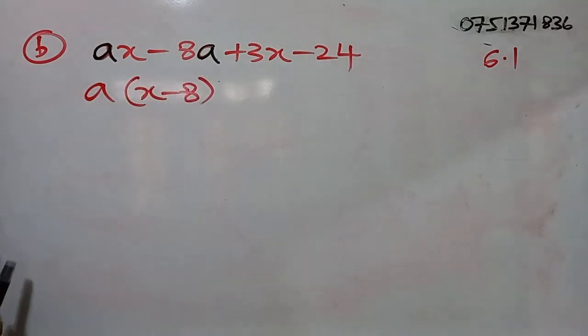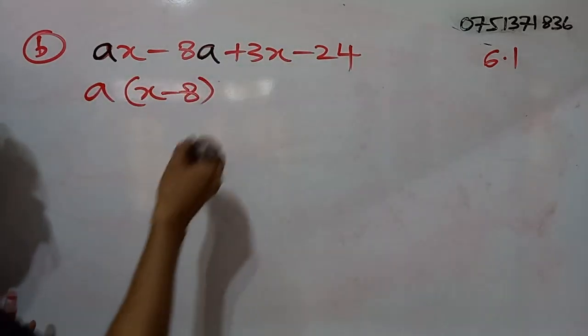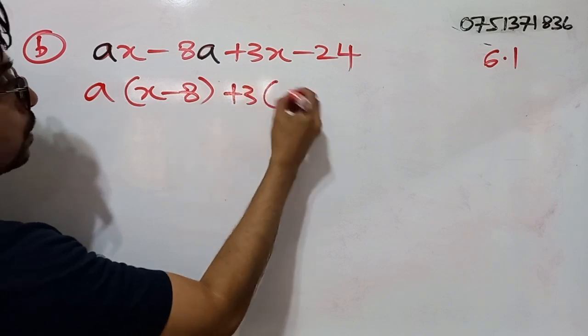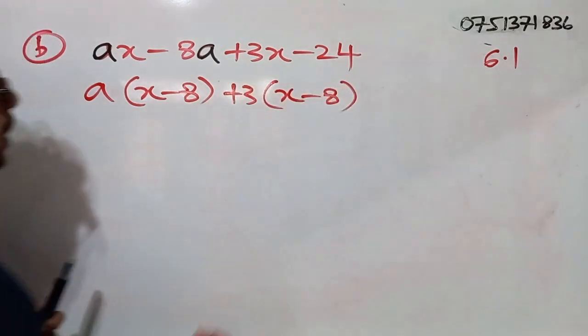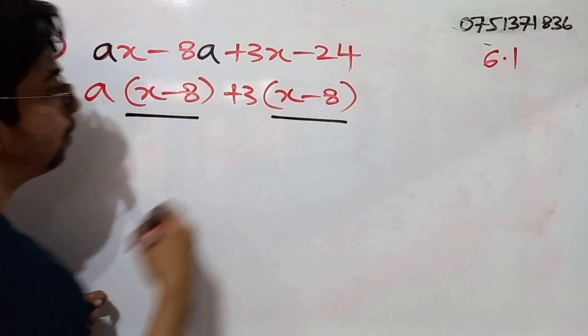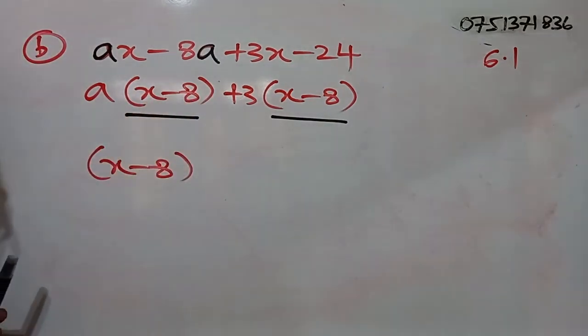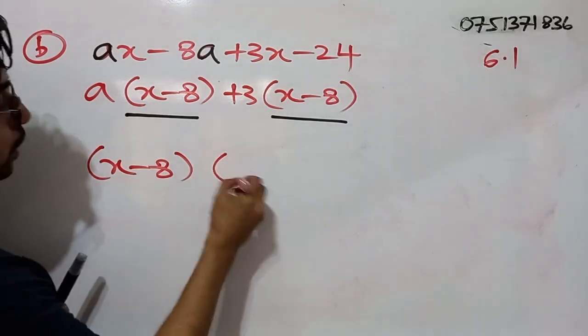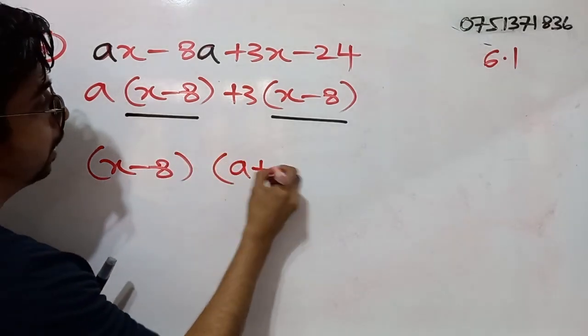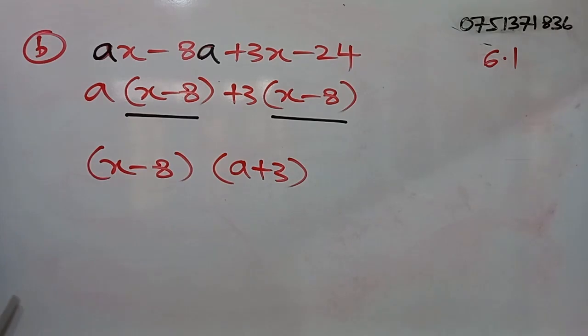X minus 8. When we consider these two terms, we can take what? Positive 3. So what goes inside? X minus 8. These two expressions are what? Common. So we can consider that expression as a factor. So x minus 8, a plus 3. So it will be the answer.